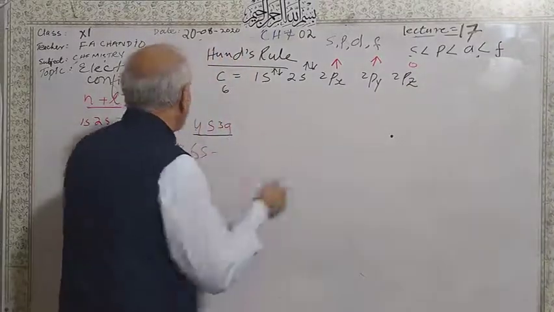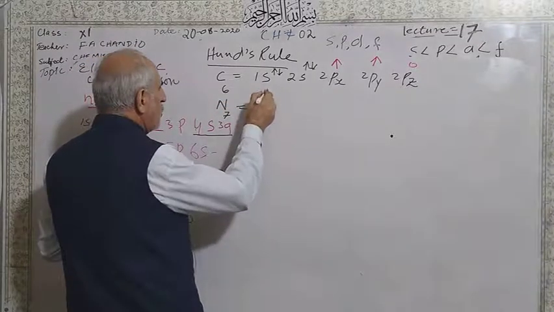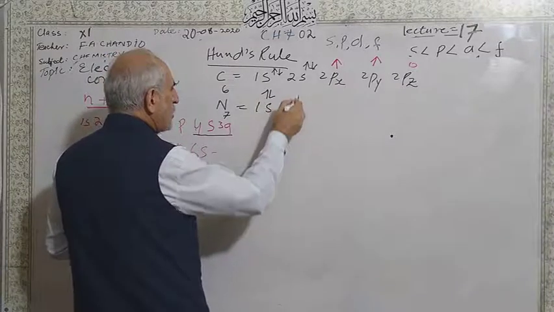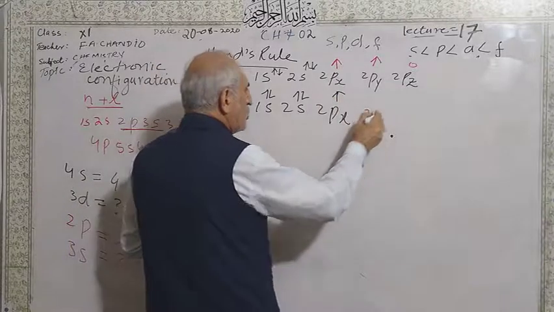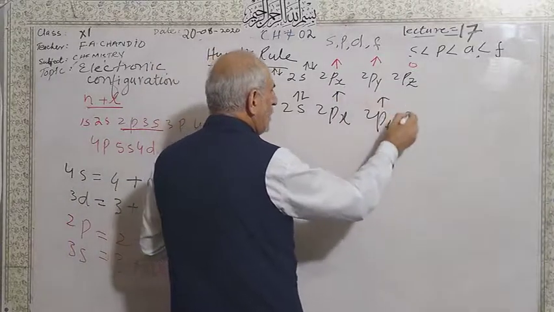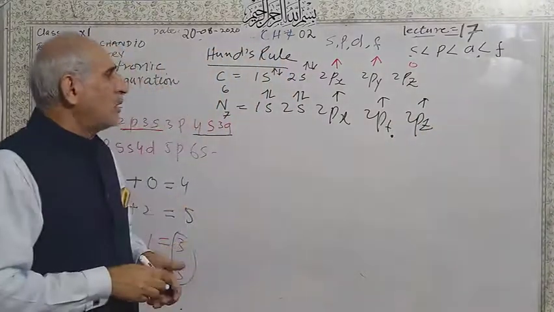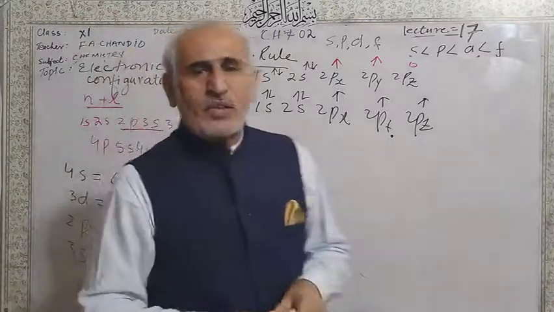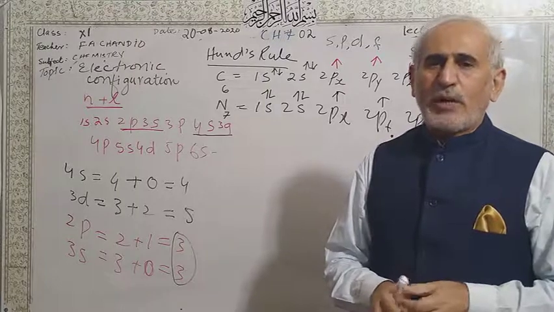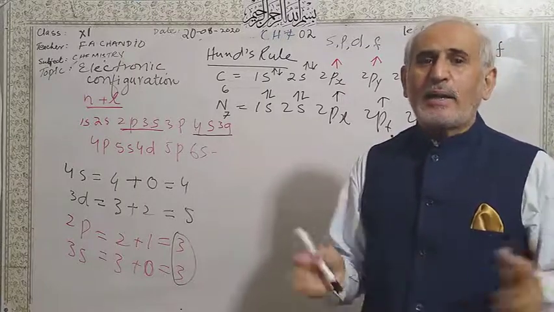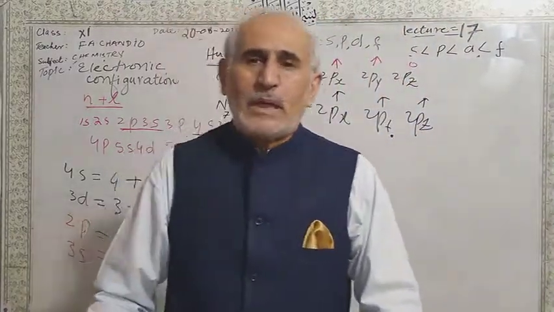If you have nitrogen, at 7, 1s2, 2s2, then 2px 1 electron, 2py 1 electron, and 2pz 1 electron. Yes, this is correct. You have to put the 3 electrons in all the degenerate orbitals, unpaired and with the same spin. So this is called Hund's rule.